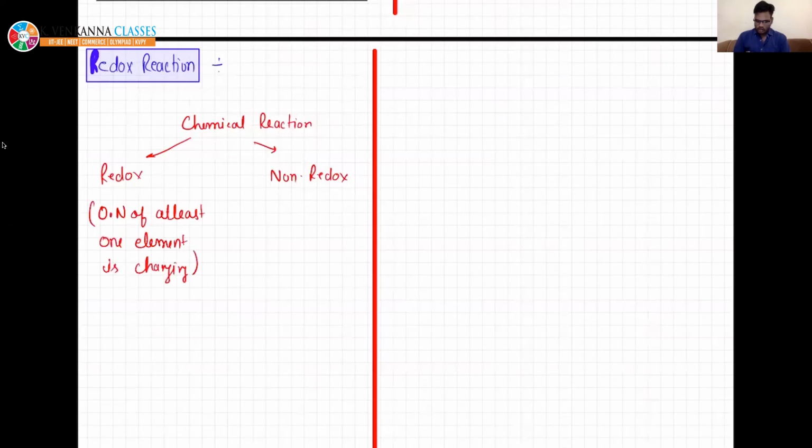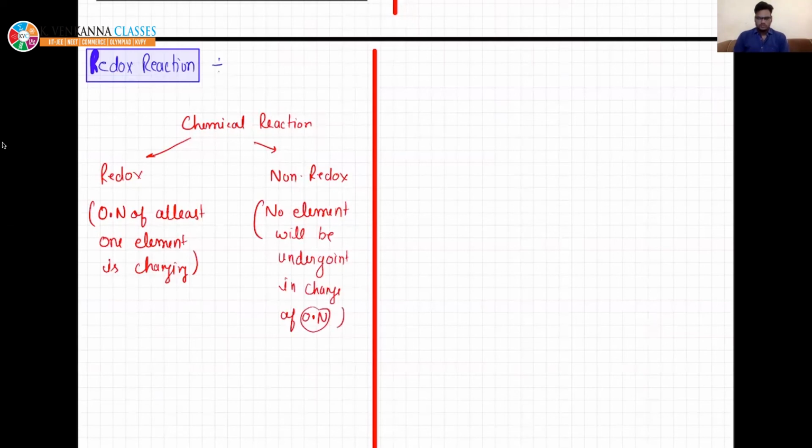In a non-redox reaction, no element will undergo a change in oxidation number.